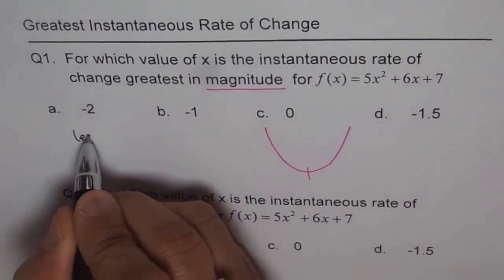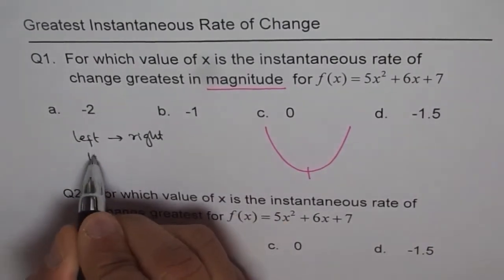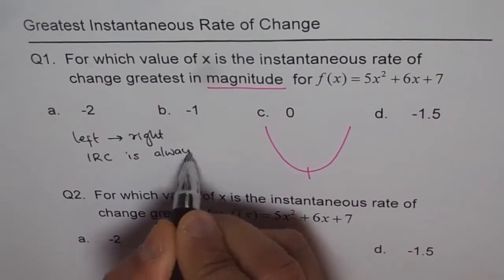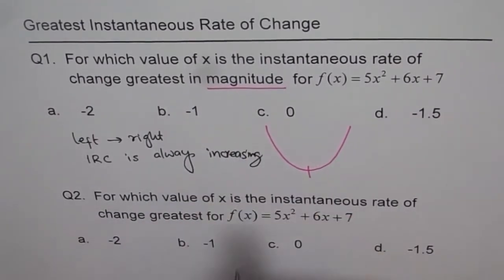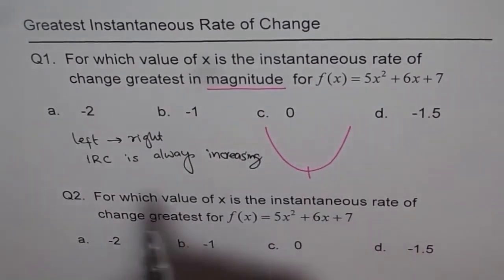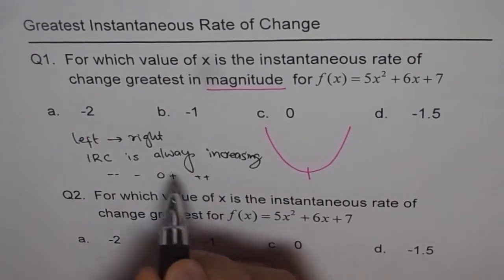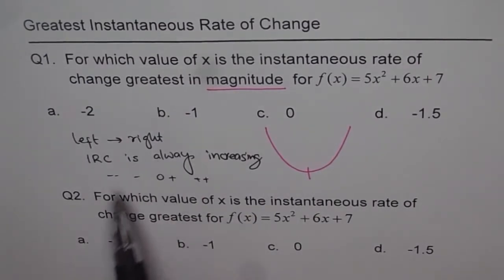So if you move from left to right, the instantaneous rate of change is always increasing. Increasing means it goes from big negative, small negative, 0, positive, more positive. That way it is increasing. We are not considering magnitude, I'm just telling you in general. This will help for question number 2 more than for question number 1.